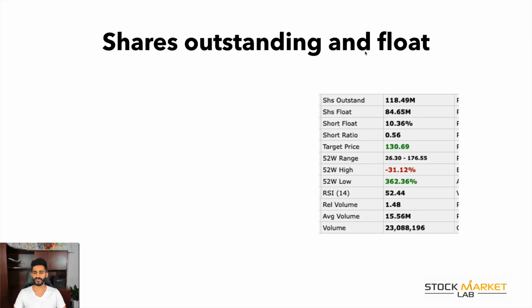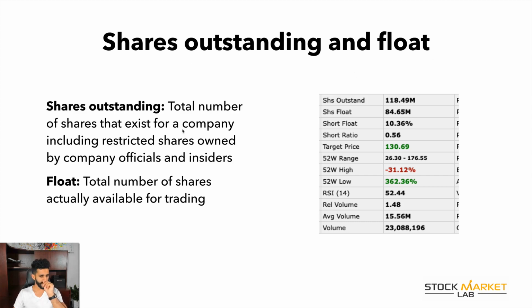Shares outstanding and float. What is shares outstanding and float? Shares outstanding is the total number of shares that exist for a company, including restricted shares owned by company officials and insiders. So this right here, which is representing 118 million, is the total number of shares the company has, including restricted shares.